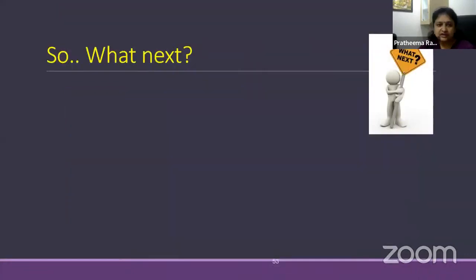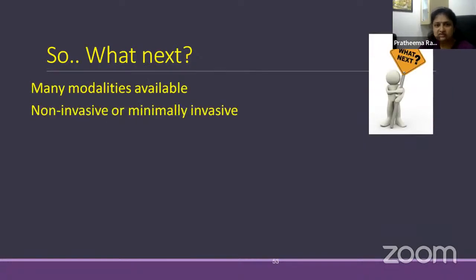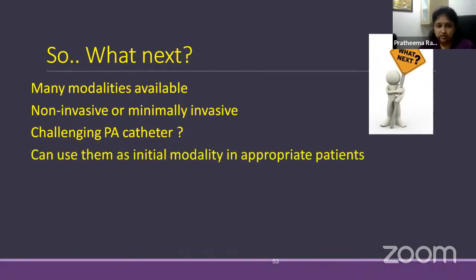So what next? We have all these things, invasive, non-invasive put together. There are many modalities available which are non-invasive or minimally invasive. Challenging the PA catheter is still a big issue because even now we know that cardiac surgeons are comfortable putting in a PA catheter and watching it, and can use it as the initial modality in appropriate patients.